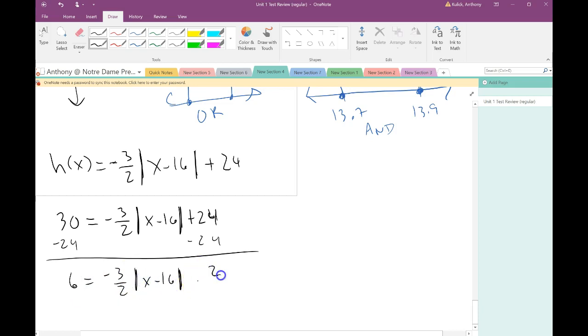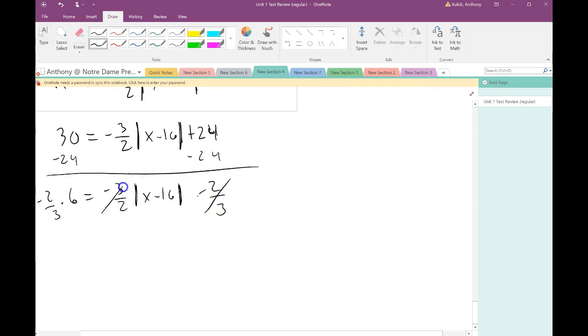And then I'll multiply both sides by negative 2/3. So that cancels these. So I get negative 4 is equal to x minus 16. And then wait a second.